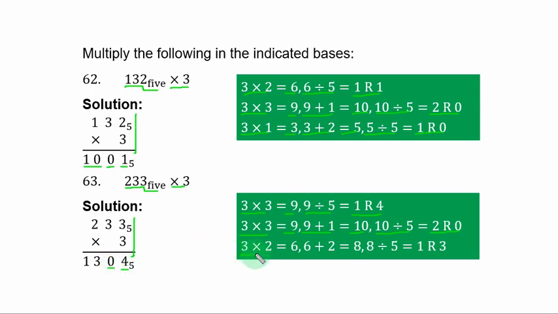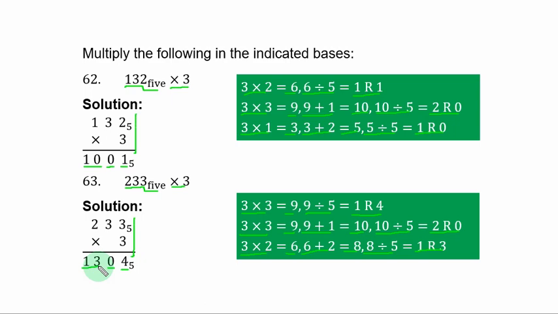Lastly, you have 3 times 2 is 6. 6 plus the 2 you carried forward is 8. Divide 8 by 5 is 1 remainder 3, and that is like 13. So since there is no other digit left, you write down 13.